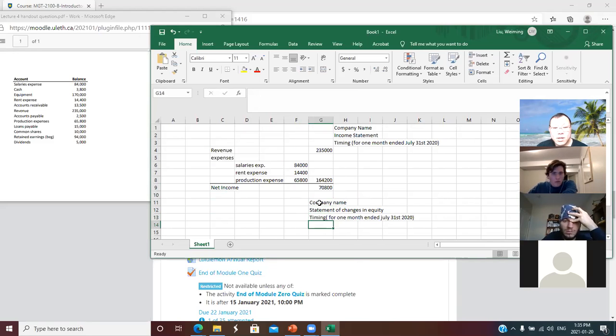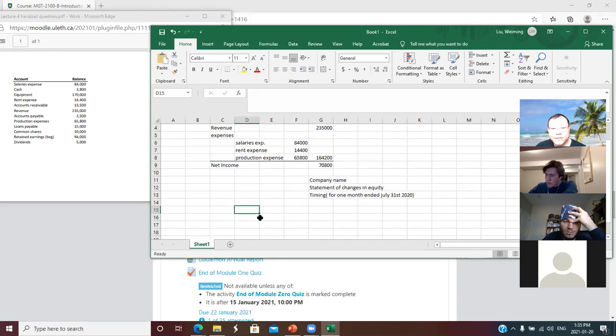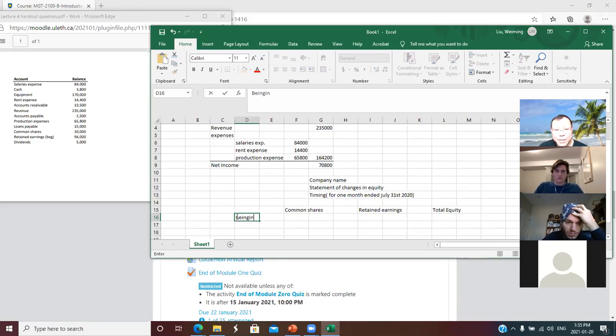In that format, we have 3 columns: a column of common shares, another column of retained earnings, and the third column, the total equity.